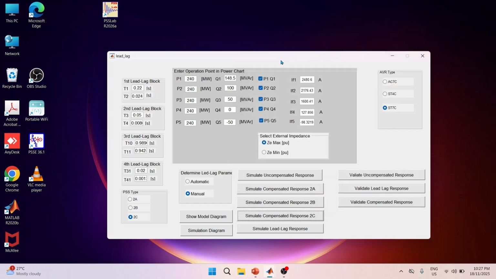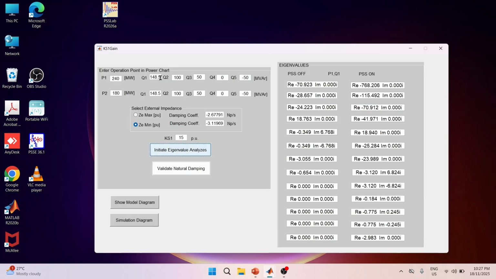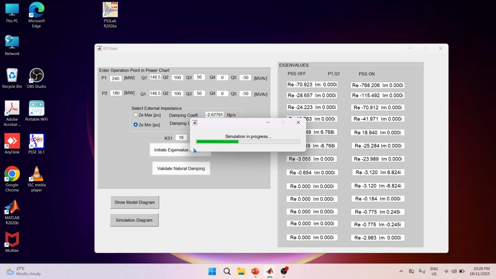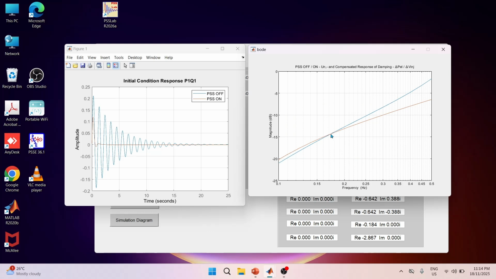Close the Bode plot, close the form, and open the KS1 gain calculation. Increase KS1 from 15 to 18 and initiate eigenvalue analysis. Then zoom into the magnitude at low frequencies. The intersection has shifted from 0.208 to 0.173 Hz.